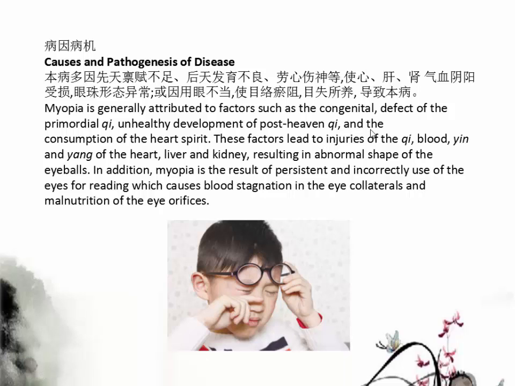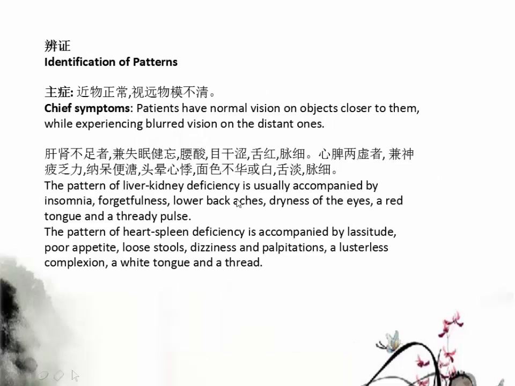So this is a pattern of spleen not nourishing heart blood, it looks like, or heart yin or yang, we'll see. Liver and kidney, and then this last one is strain, looks like chi and blood stagnation of the collaterals. Liver and kidney deficiency.